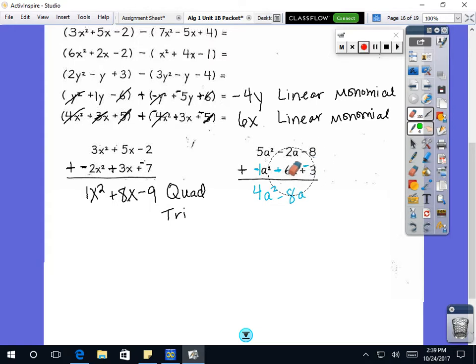It was already negative, so now it's positive. Okay. So negative 2 plus 6 is positive 4a. Positive 4a. Okay, we got it. And then negative 8 plus a negative 3 is negative 11. What do we name this one? Quadratic trinomial.